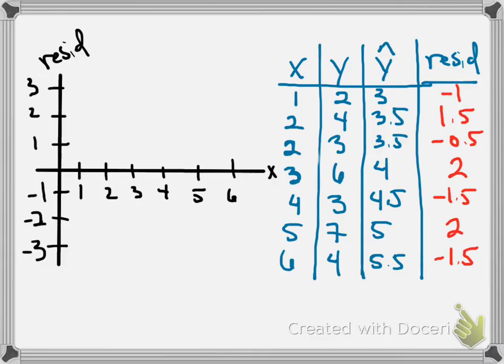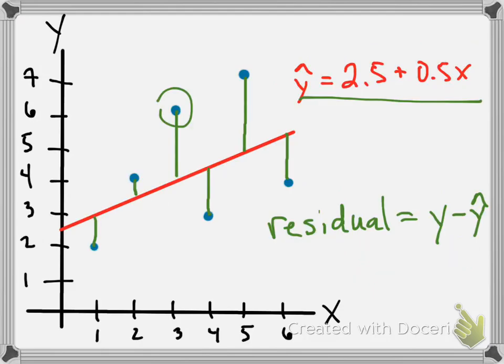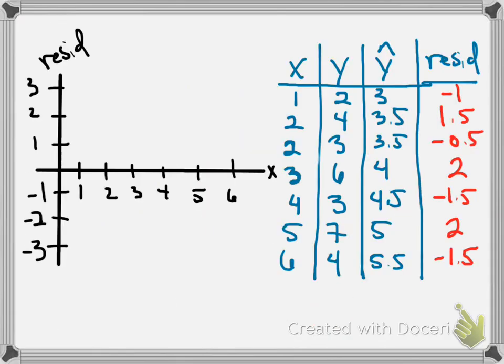Now that we have all of our residuals calculated for each of our data points, we can go ahead and create our residual plot. You'll notice over here that I've already got the plot set up. On the horizontal axis, we just have the same scale that we had for our scatter plot. We're just going to use our x values again. But our vertical axis is going to be using a different scale, and that's where we're going to use our residual data. So I'm plotting the x coordinates for each of our data points against each of the points' residuals.